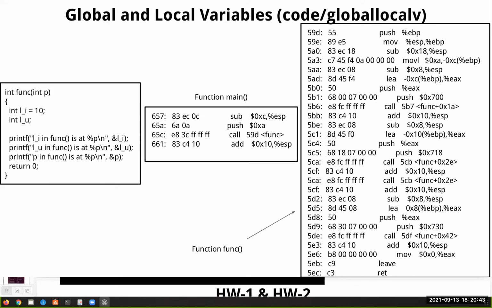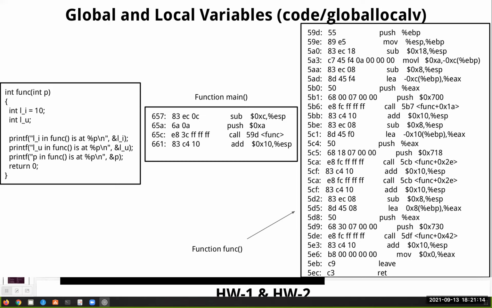That's why before the call instruction, we have a push instruction to push that argument onto the stack. If you remember, in our C code, we're calling func with the argument 10, which is a in hex. That's why we push 10 on the stack, then we call this. This is what the main function does here.